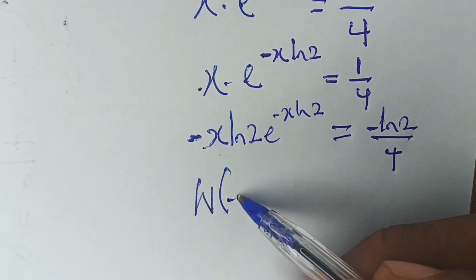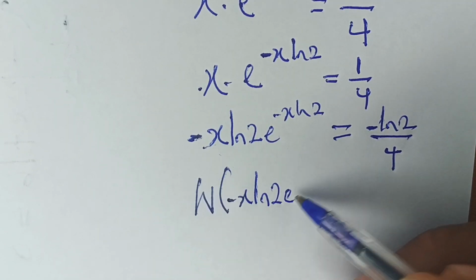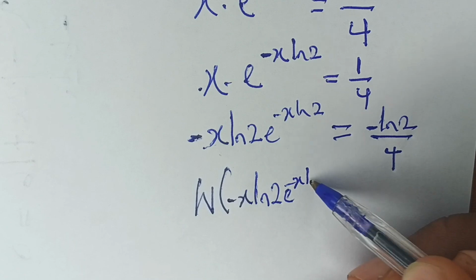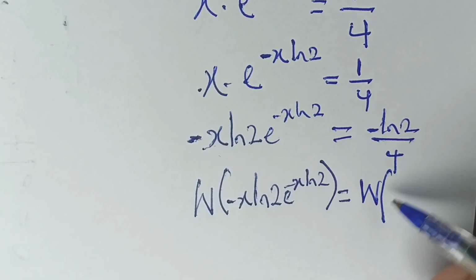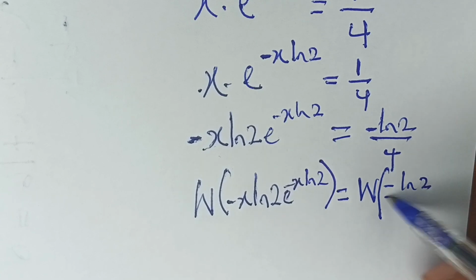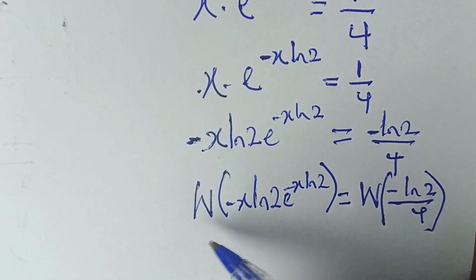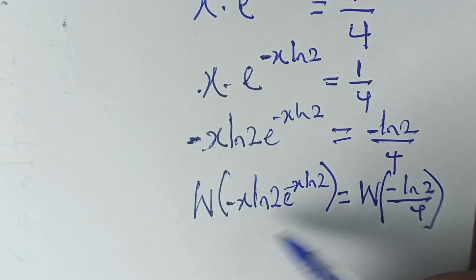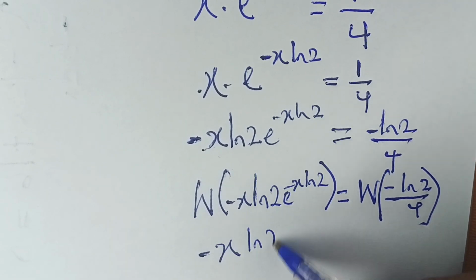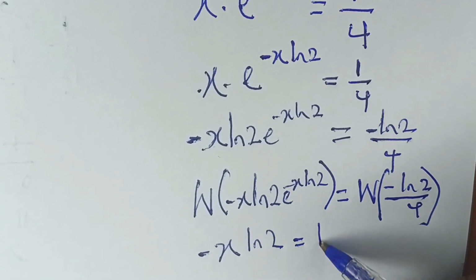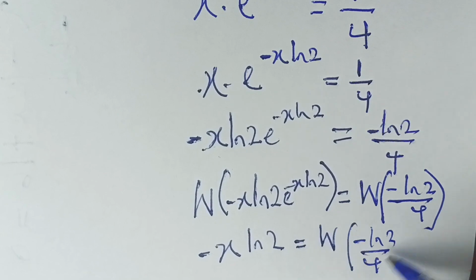Since you know what W is, let us call it the product log of both sides. The product log of negative x ln of 2 times e raised to power negative x ln of 2 is the same thing as negative x ln of 2, which is equal to W of negative ln of 2 divided by 4.